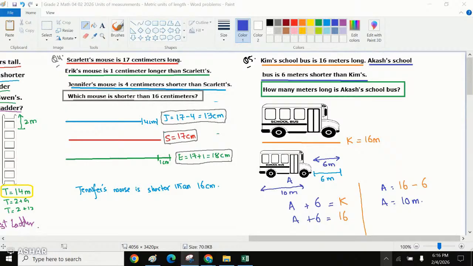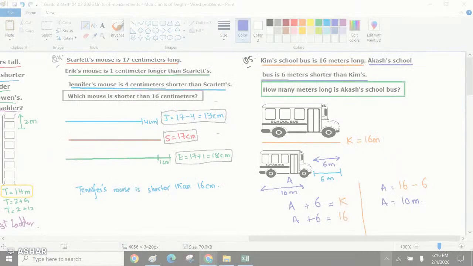Okay, let's see. The next question says, in Cam's desk organizer, silver paper clips are 7 centimeters long.